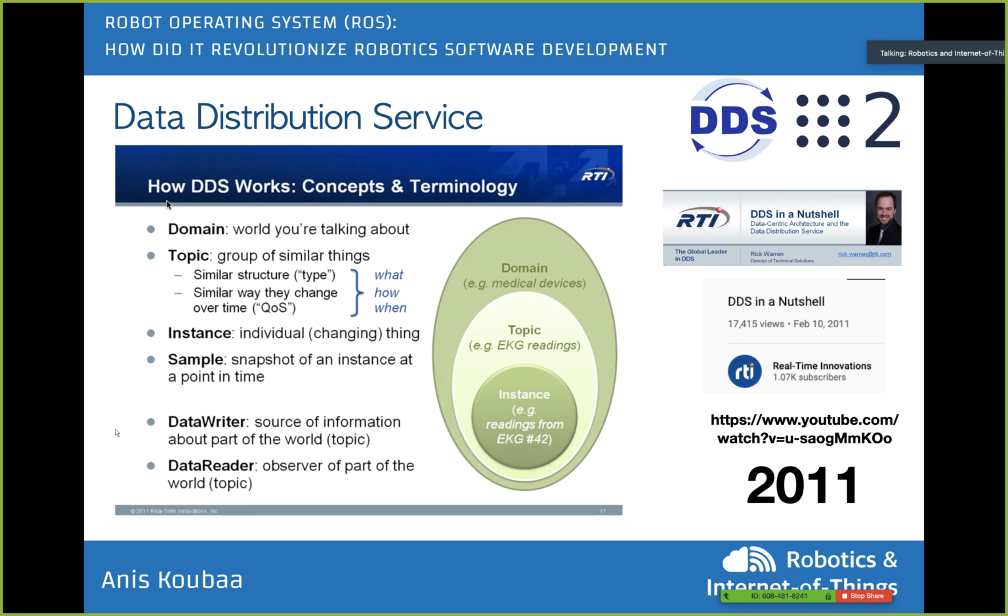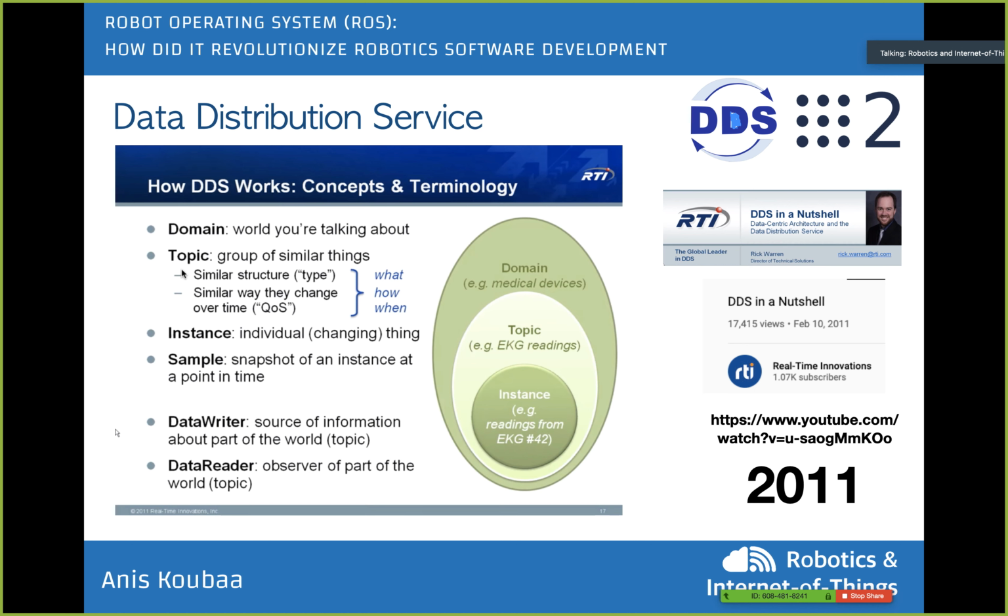Looking at how DDS works, or the concepts and terminologies, let's look at the different concepts. In DDS, they define the domain. This is how we differentiate between different domains or different subsystems of a particular application. For example, in our case, the domain is going to be ROS.